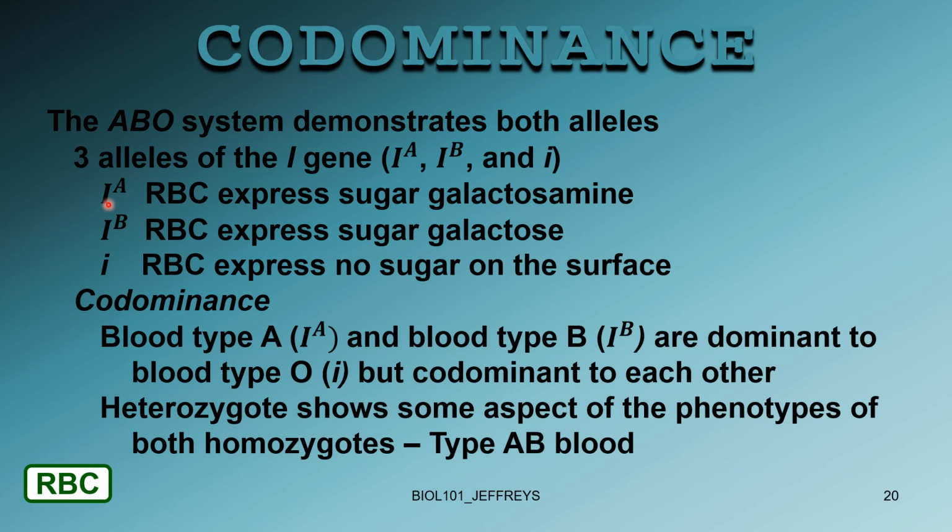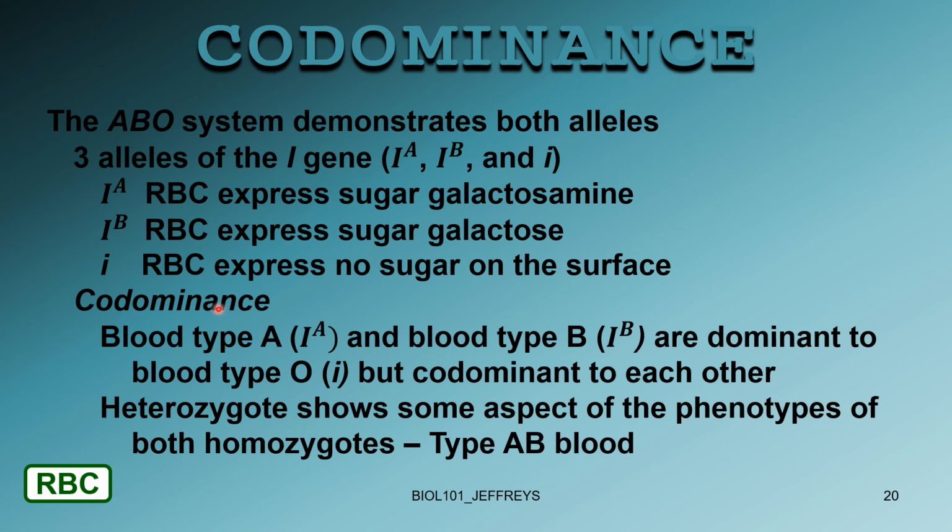So I super A, on the red blood cell, expresses the sugar galactosamine. I super B expresses the sugar galactose. This is the sugar on the surface of the red blood cell, on the surface of the membrane. And the lowercase i expresses no sugar at all on its surface. Okay?